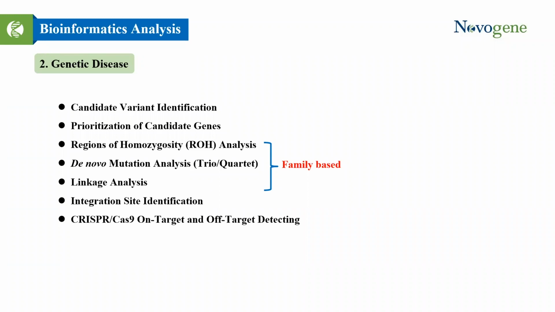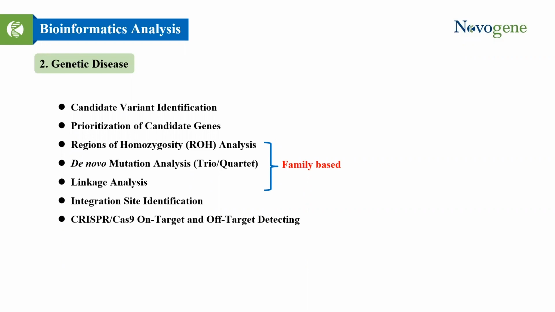Apart from cancer research packages, we also offer advanced analysis categories for genetic diseases, which are listed below. If your project is not related to cancer research, then it is recommended to consider the following projects.